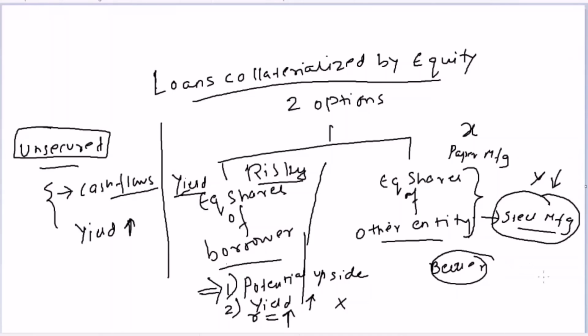Why? Because the lender will enjoy some sort of equity upside built into the structured transaction, and the risk will be much lower. So if I have to generalize or rank, then I would say this is 1, this is 2, and this is 3.